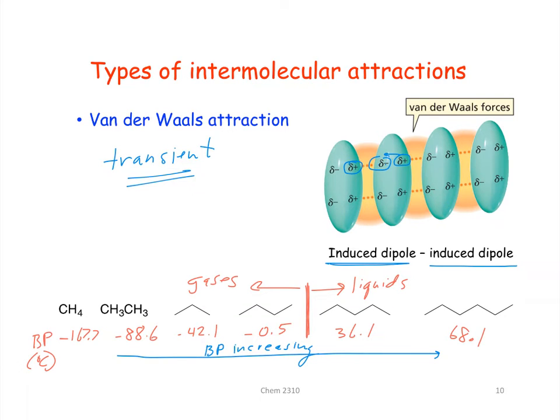Okay? So it's not really the mass that's important, it's the amount of surface area. As we go this way, we have greater surface area, because it's the surfaces that are going to bump into each other and create these transient dipoles.